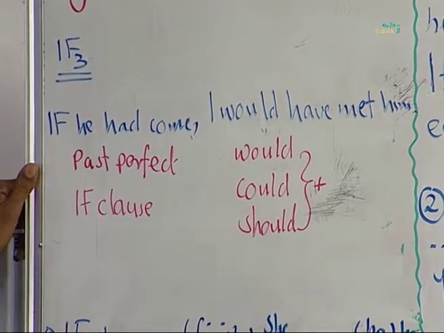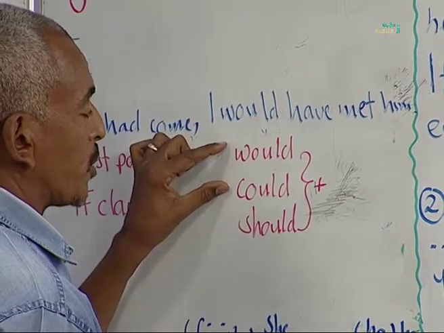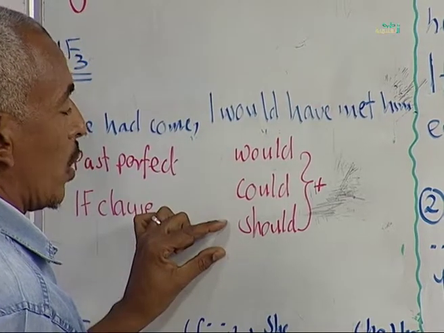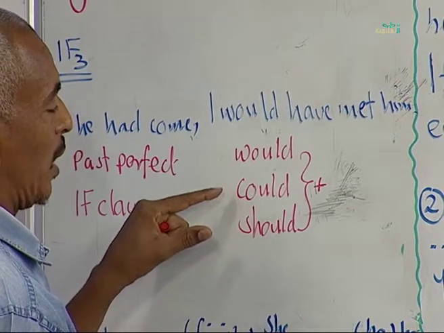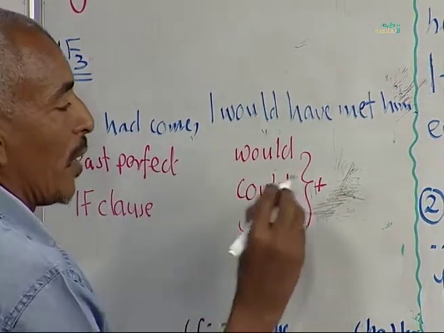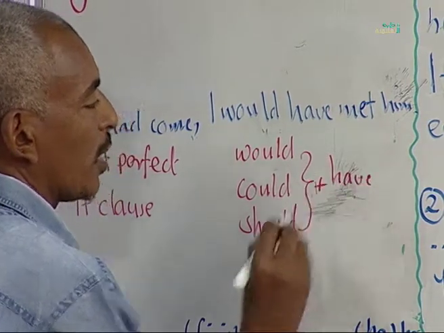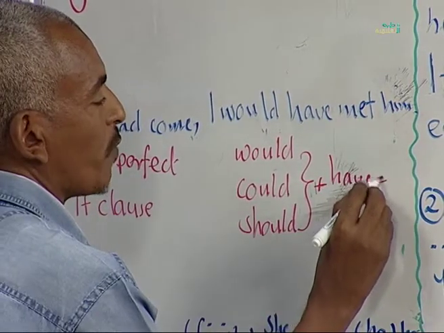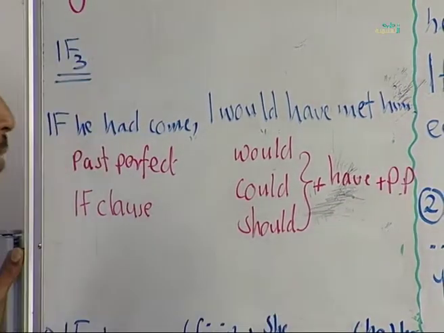Why have? Because the verb which comes after all of these auxiliaries has to be an infinitive. Here we have to use have plus the past participle of the verb.